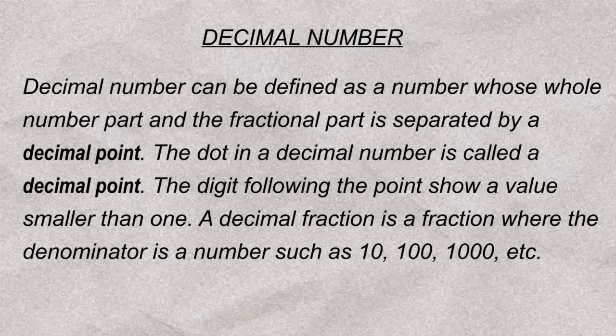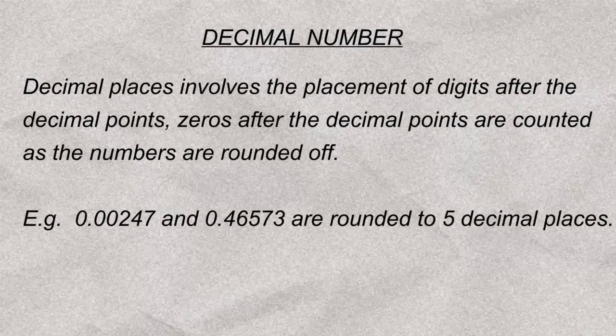Now decimal places involve the placement of digits after the decimal point. Zeros after the decimal point are counted as the numbers are rounded up. Take note of that. Let's take for example, displayed on the screen, 0.000247 and 0.46573.